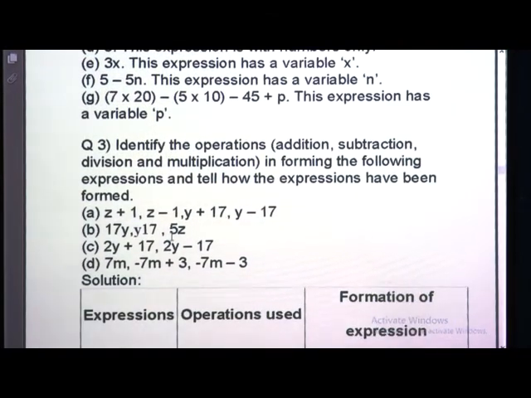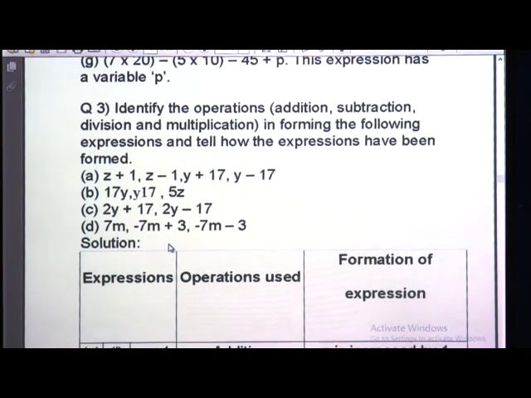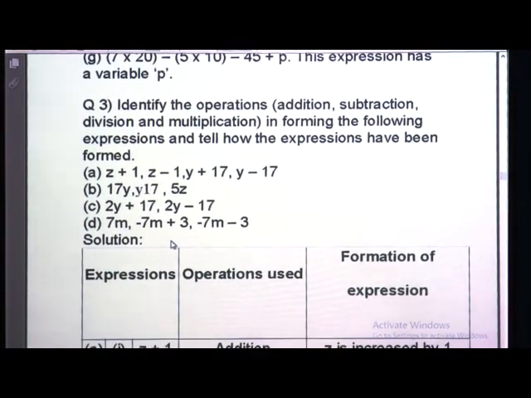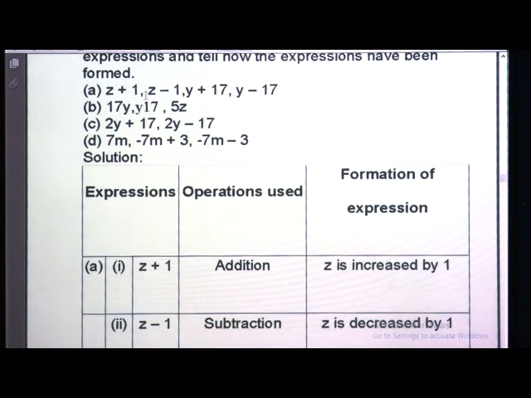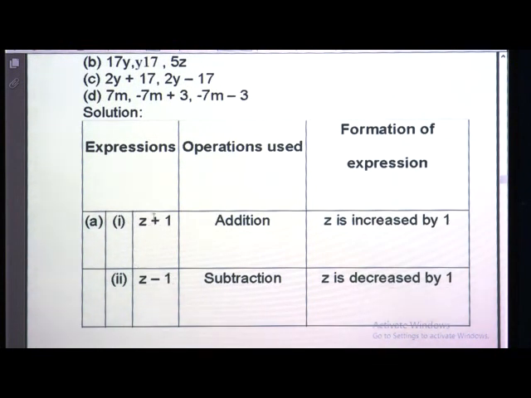Okay. Next example, identify the operations addition, subtraction, multiplication and division in forming the following expressions and tell how the expressions have been formed. So, z plus 1, we need to tell which is the operation used here and how the expressions are formed. So, let us see z plus 1, the operation used is plus.